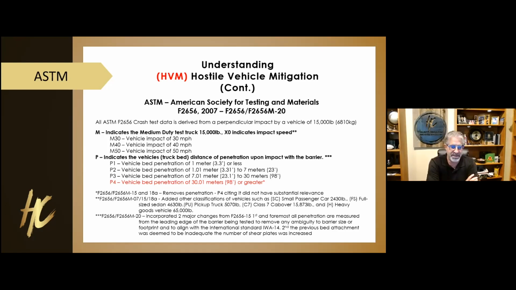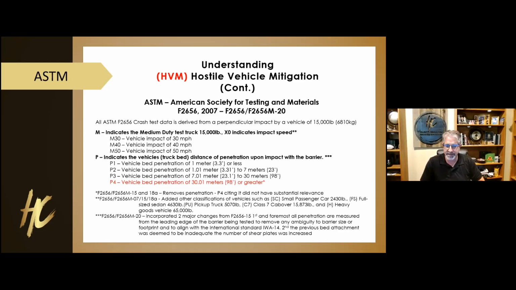Since the 07 standard, though, there have been 3 additional updates to the ASTM F2656 in 2015, 2018, and again in 2020. There were major changes in the 2015, and the first one was that the P4 penetration rating was removed, citing that it just didn't have a substantial relevance, which I can't argue with.